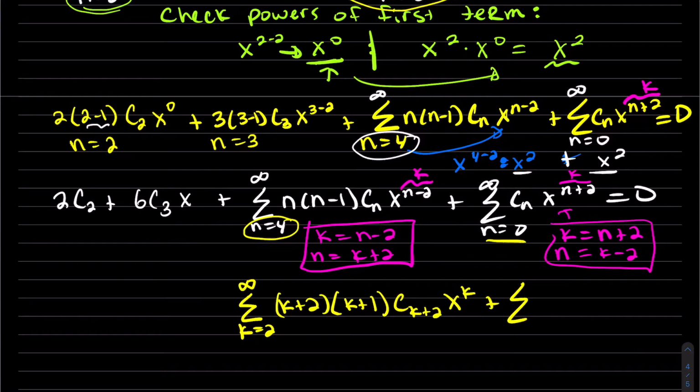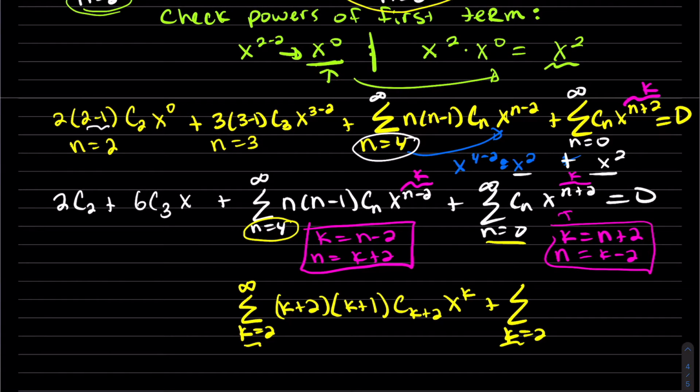So n equals 0, n equals 0 plus 2, k will equal 2. Notice how it's the same thing, and that's what we wanted. So it's c instead of n. Here n is k minus 2, x to the k equals 0, the same 0, and we have these two terms in the front.